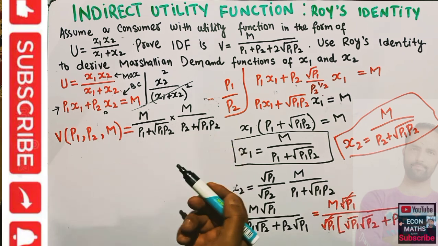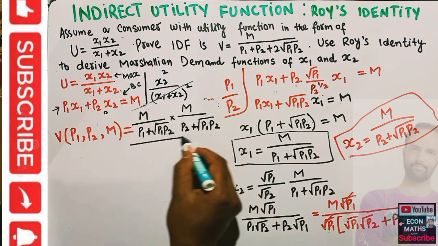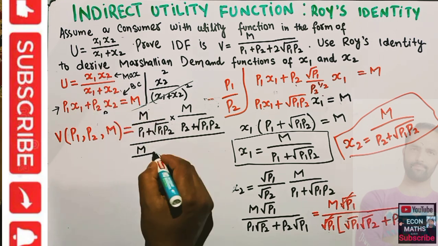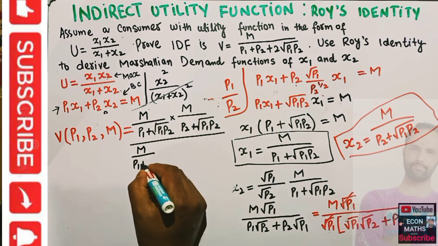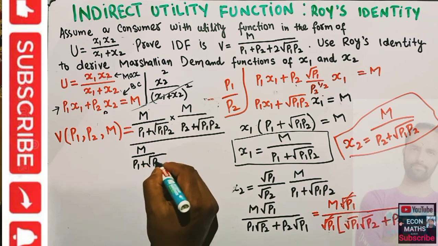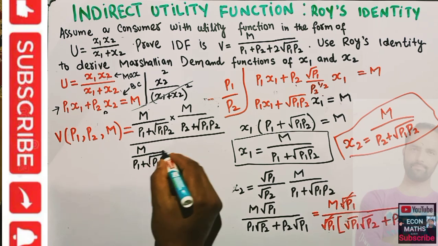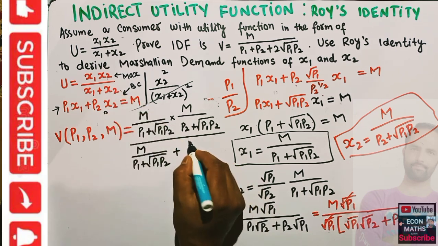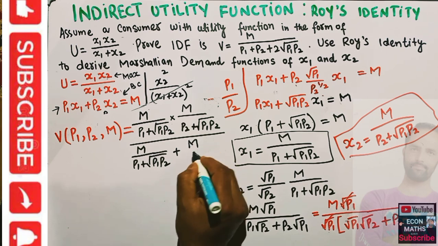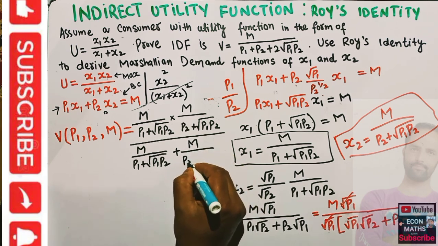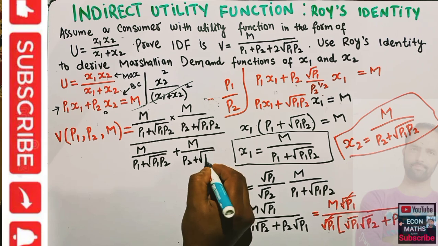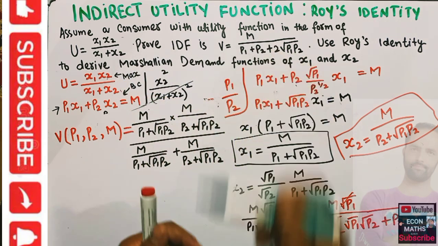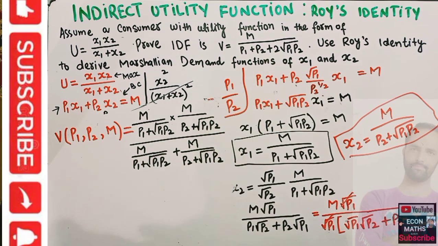Then we have this divided by x1 again, which is m upon p1 plus root p1 p2, plus x2, which is again m upon p2 plus root p1 p2. So we just need to prove that our indirect utility function will be equal to this stuff.